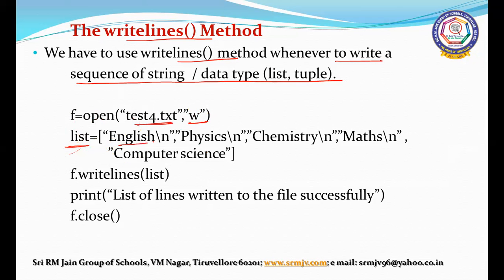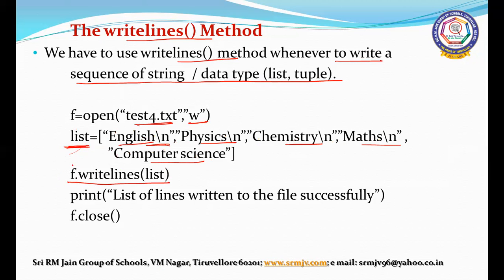So here English /n, physics /n, chemistry /n, maths and computer science. For each list value we have specified the /n character because you need to print the values on the next line. So with reference to the list, we are writing into the file.